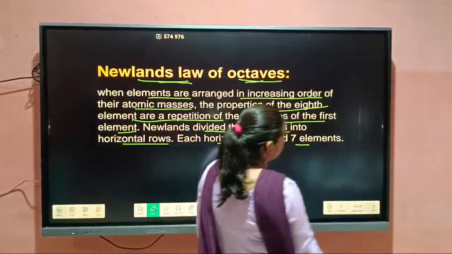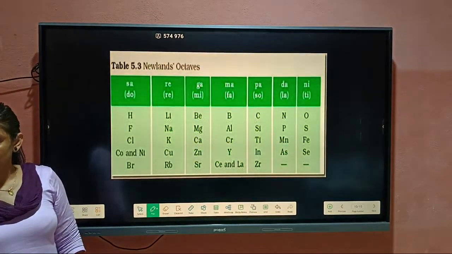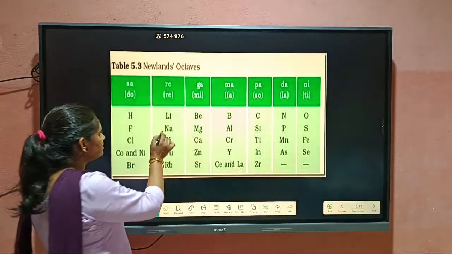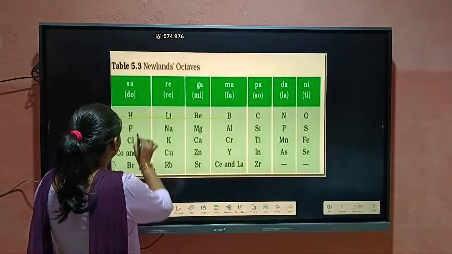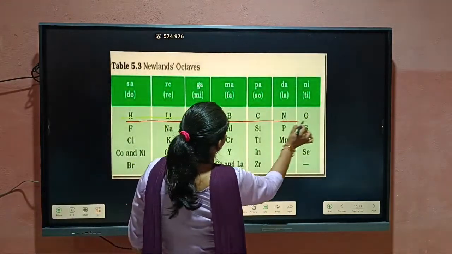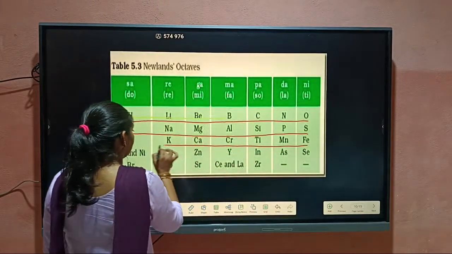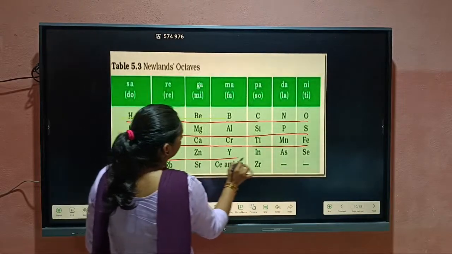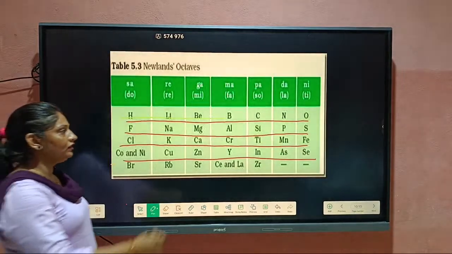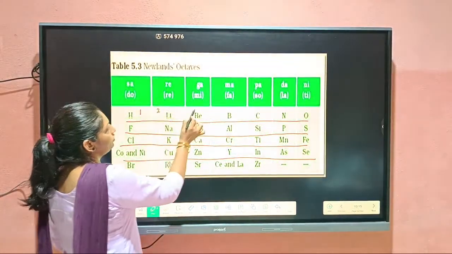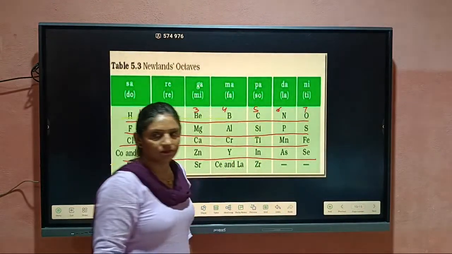You can see this table was given by Newland. So Newland arranged the elements in horizontal rows in this way. One row had 7 elements: 1, 2, 3, 4, 5, 6, 7.